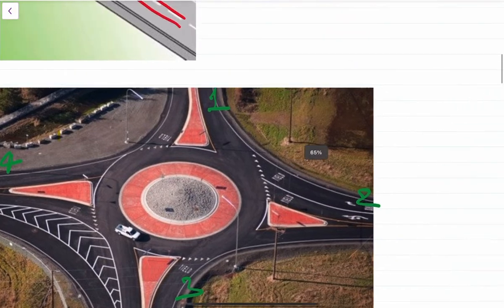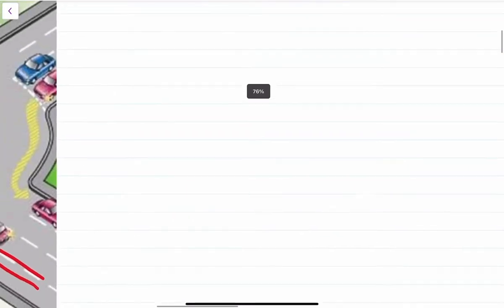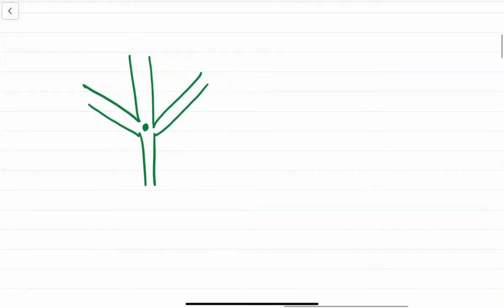And even in these 4 legs, suppose the natural intersection is like this. In that case, the construction of rotary becomes a very critical design parameter where this angle is very acute.